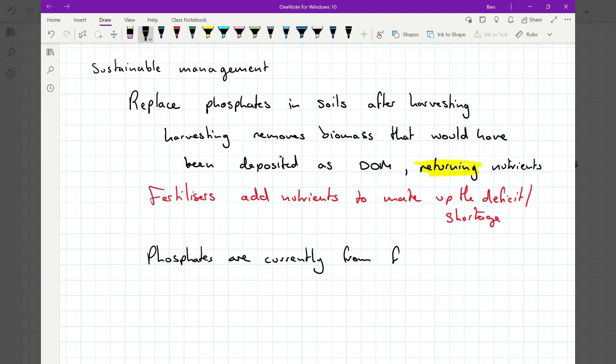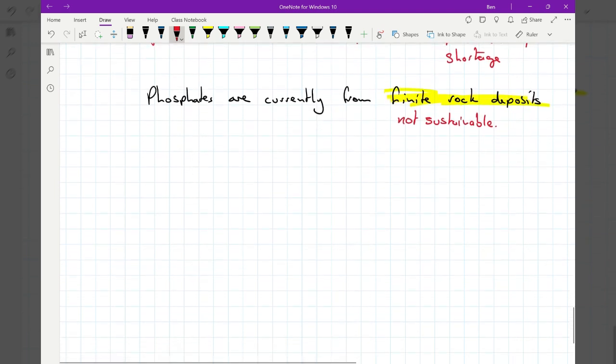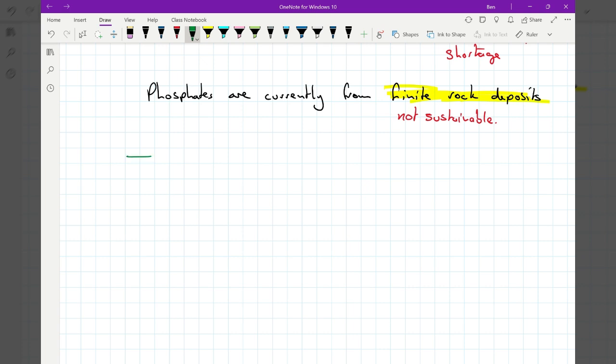And these are finite. Now, these finite rock deposits then are not going to be sustainable. Because they're not going to renew within human sort of lifespans. So we should look for an alternative. We should use biological wastes.